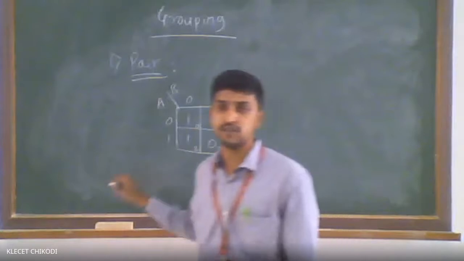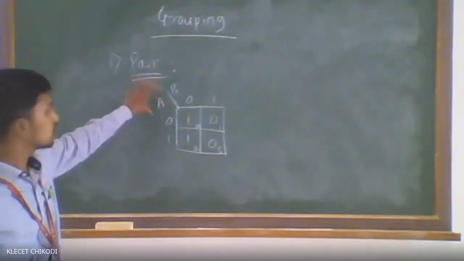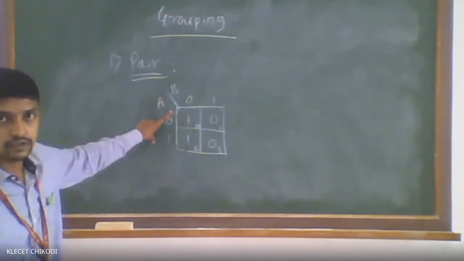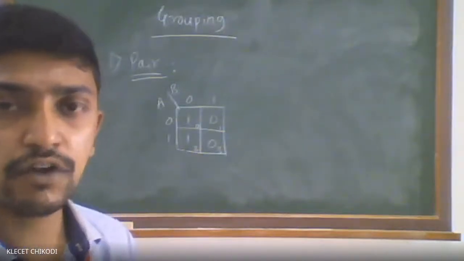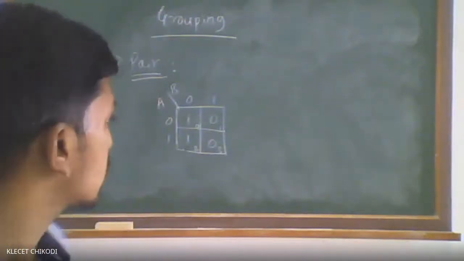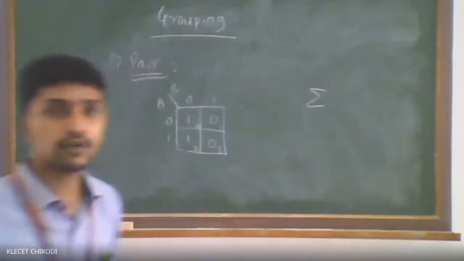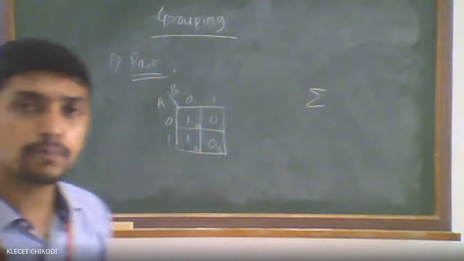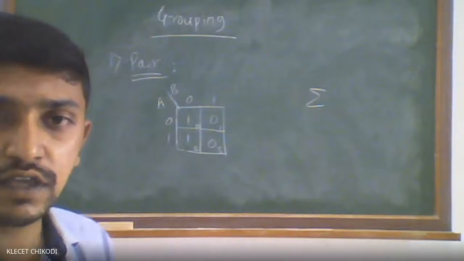Considering sum of product form, you can see the pair here in the two variable, that is 4 cell K-map. If we are considering SOP, that is sum of product form, or the minterms or canonical minterms given in summation form, then we have to make a group of ones when the canonical form or SOP function is given.